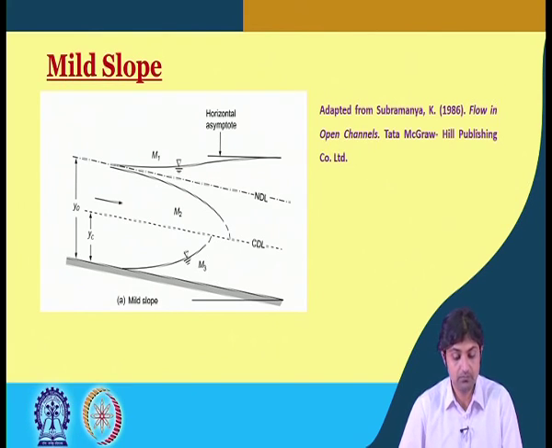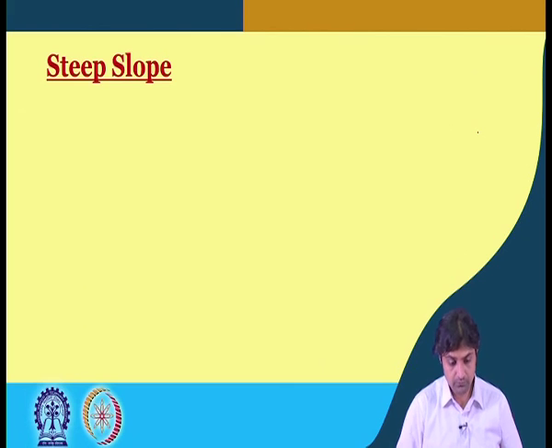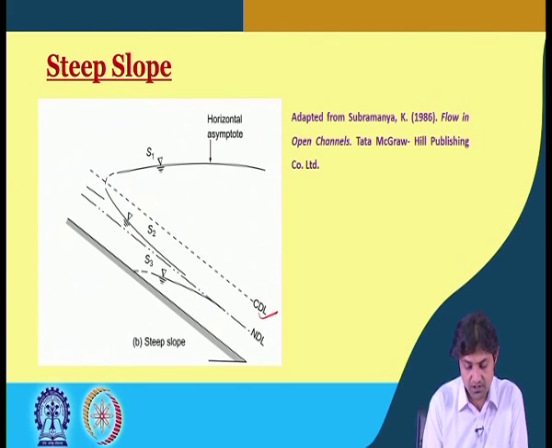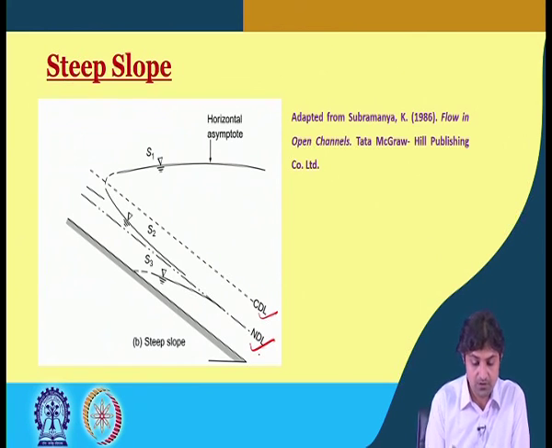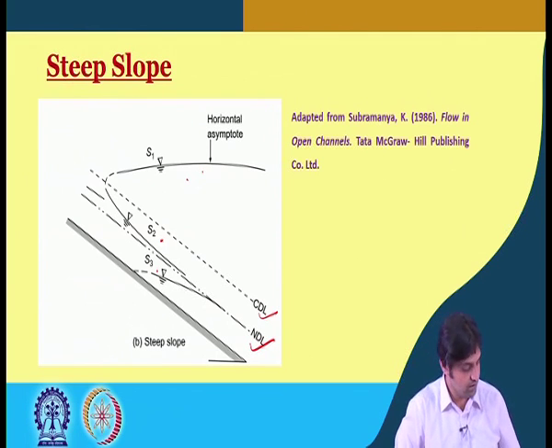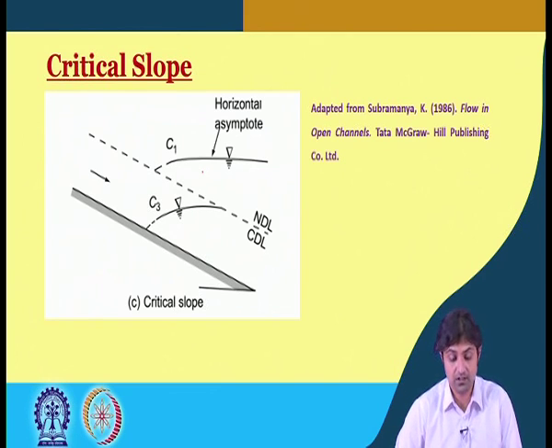We have already drawn this. The steep slope looks like this: you see the CDL, the NDL, you see S1, S2, S3, and this is the horizontal asymptote. For critical slope, the horizontal asymptote, C1 and C3.